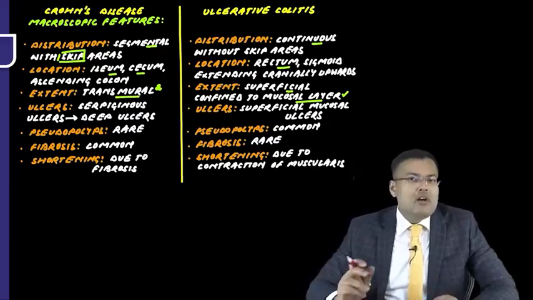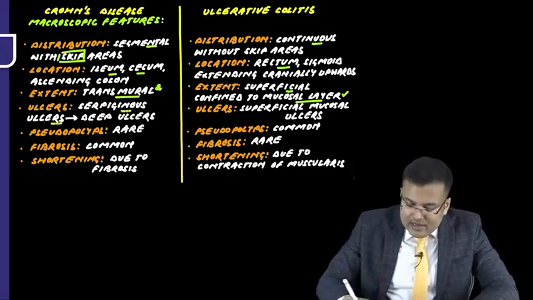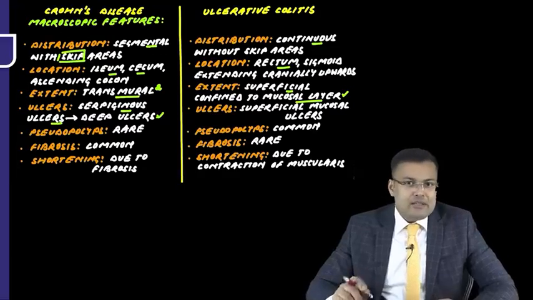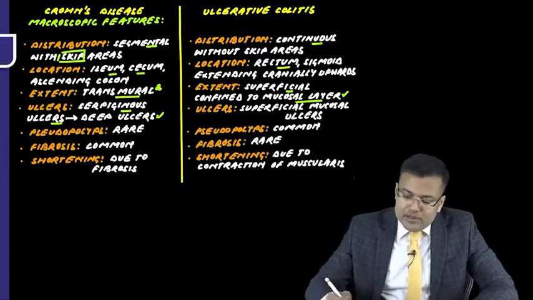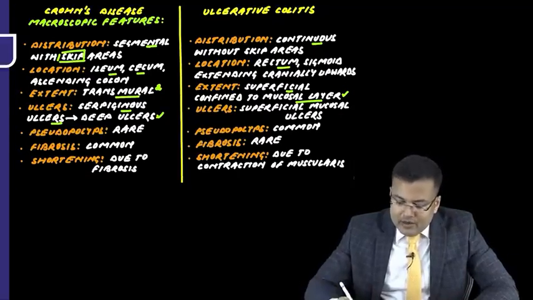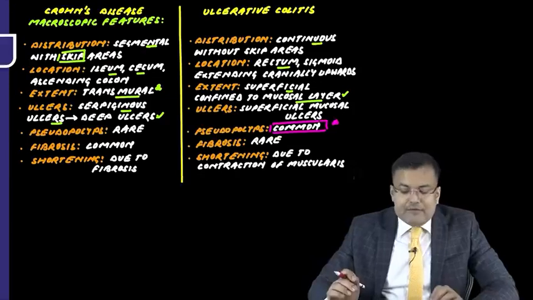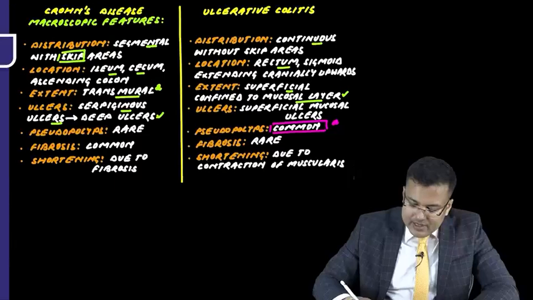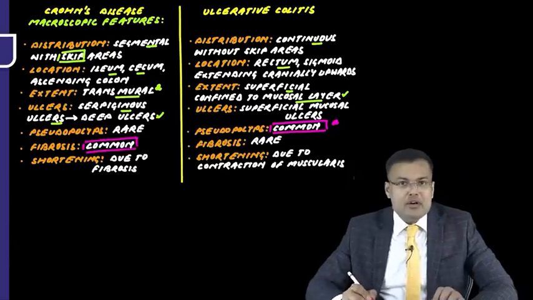If you see the ulcers, what kind of ulcers are seen in Crohn's disease? There are serpiginous ulcers, and they can progress to deep ulcers, whereas in ulcerative colitis there are superficial mucosal ulcers. Pseudopolyps are more common in ulcerative colitis. Fibrosis and stricture are more common in Crohn's disease.